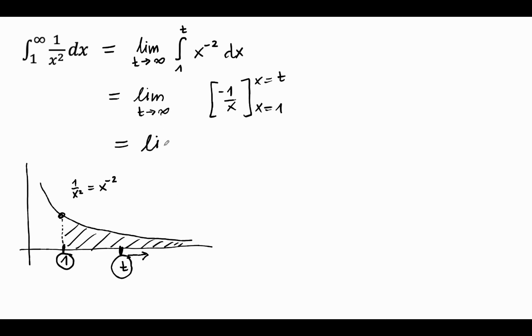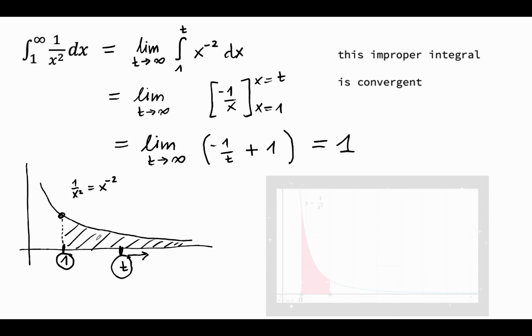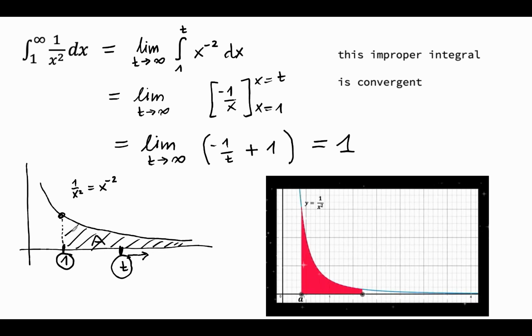So this is the limit as t goes to infinity of this function at t, which is negative 1 over t, minus the same function at 1, so negative and negative, positive 1. The limit of this expression when t goes to infinity goes to 0, so the whole limit is 1, and what it means is that the area of this infinite region A is equal to 1.